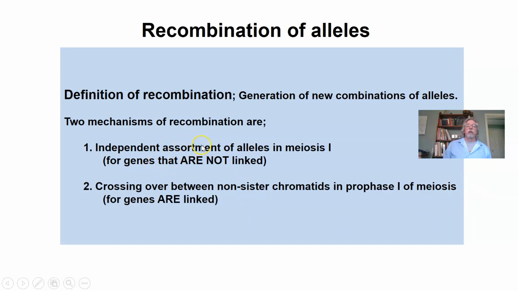Alleles can recombine into new combinations simply through the process of independent assortment. And then number 2 is what we're going to talk about in this video, recombination for linked genes by crossing over between non-sister chromatids during meiosis. So either of these will produce recombinant offspring, and that's what recombination is referring to.